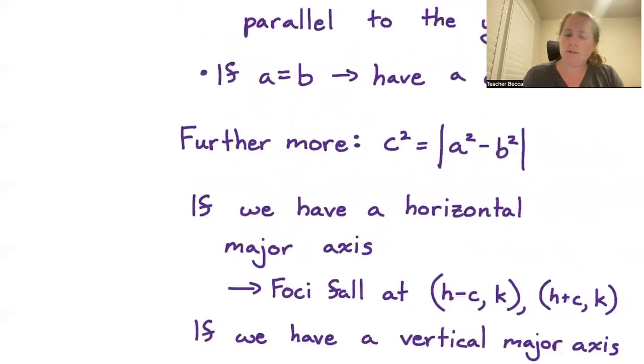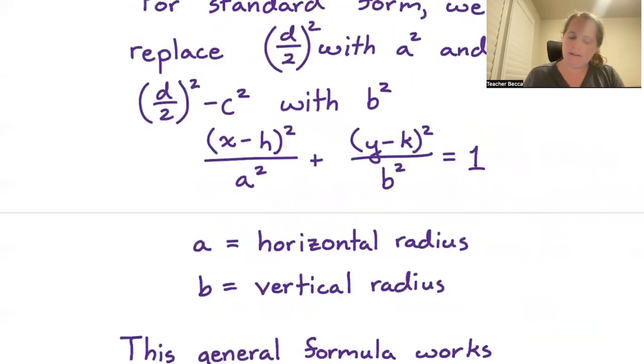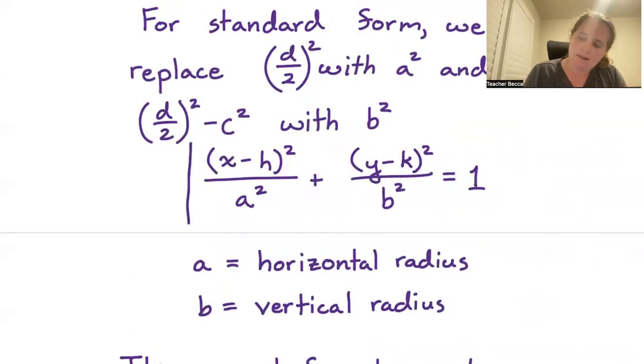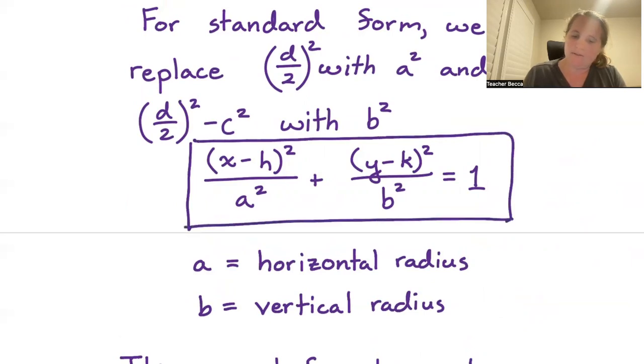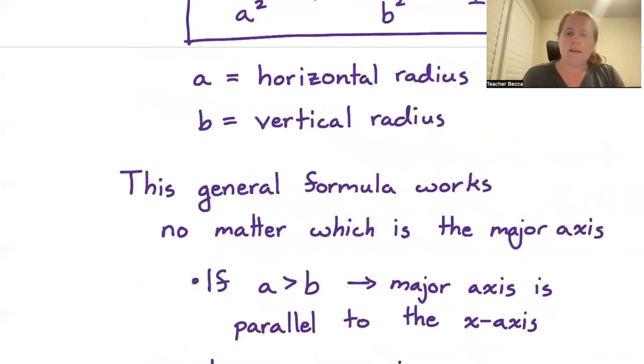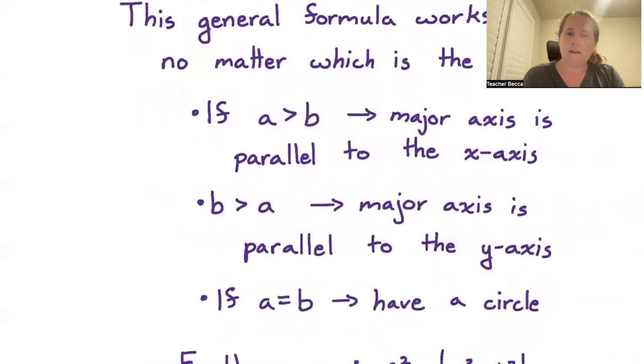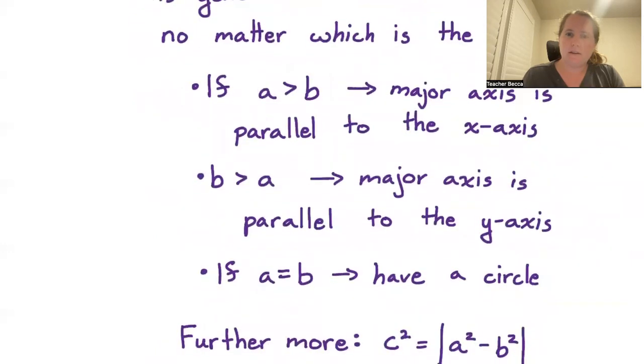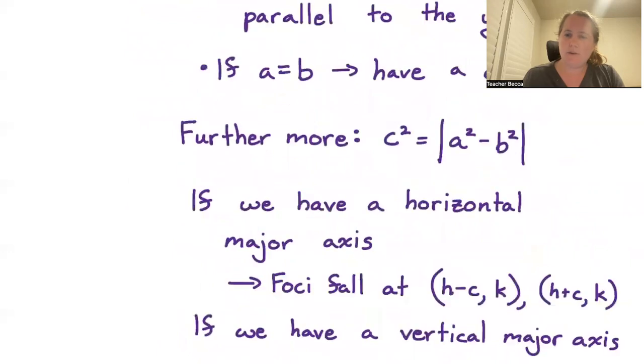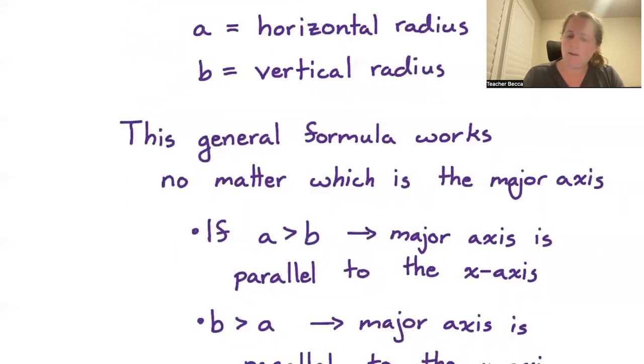Right. So if we are originally given a formula in standard form, then we can immediately determine the major axis, and we can also figure out what our foci should be.